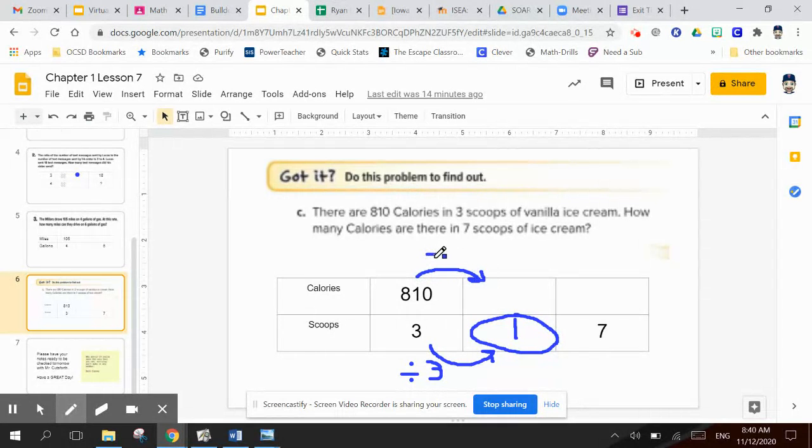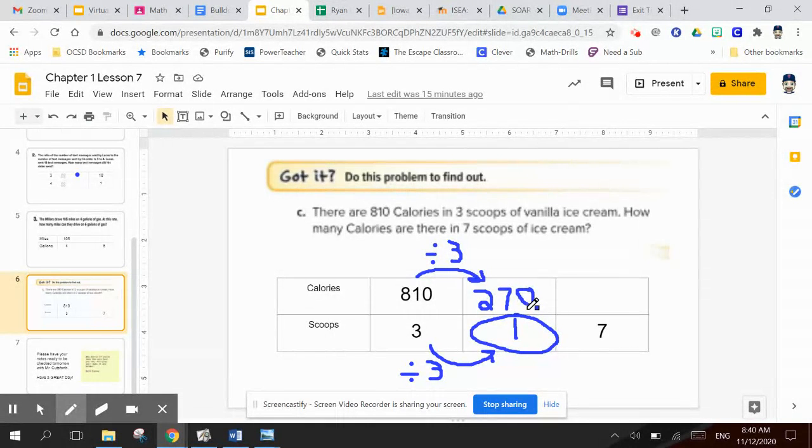So I divide 810 by 3. 3 goes into 8 twice. 3 times 2 is 6. 8 minus 6 is 2. 3 goes into 21 7 times. And 3 goes into 0, 0. So for 1 scoop of vanilla ice cream, it's 270 calories.